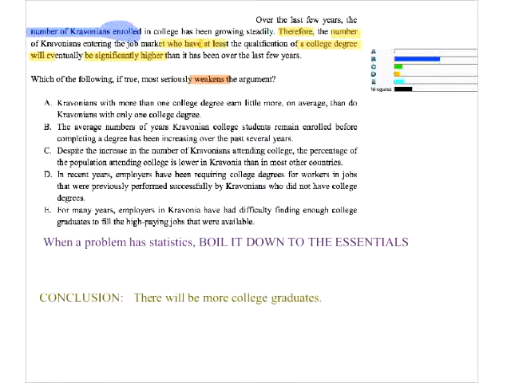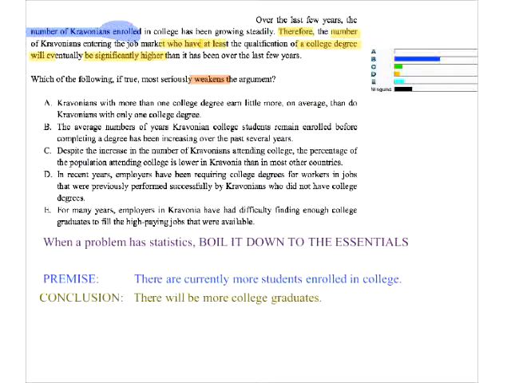There are currently more students enrolled in college.